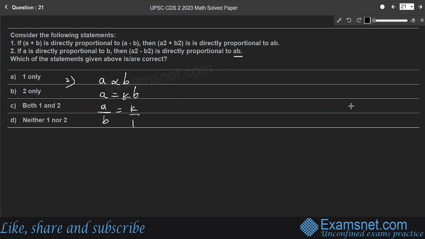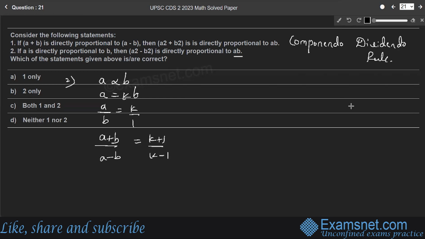Again by the componendo dividendo method, as we have applied in the previous statement. So A plus B by A minus B is equal to K plus 1 by K minus 1. Here we need A square minus B square. To get that, we have to square both LHS and RHS.